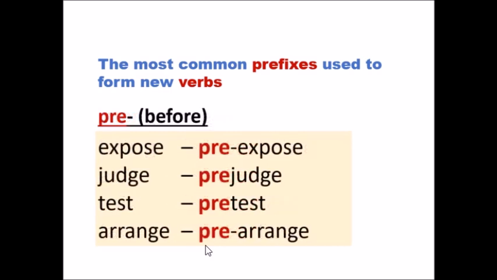Next prefix is pre, which means before. Example, expose, pre-expose. Judge, prejudge. Test, pre-test. Arrange, pre-arrange. So here you can see we have added a prefix to the verbs to change the meaning of the verb or to construct a new verb.